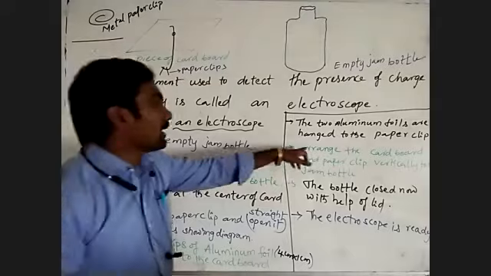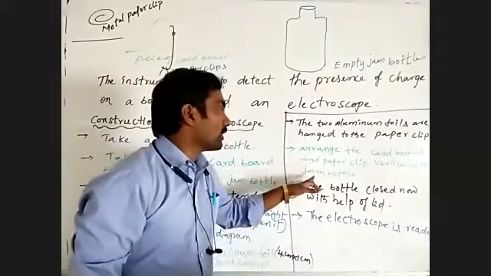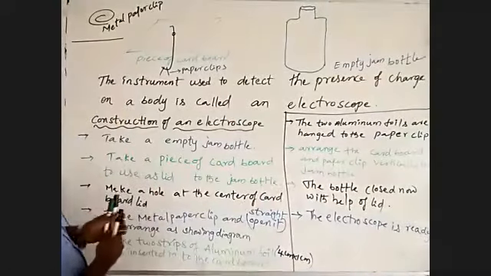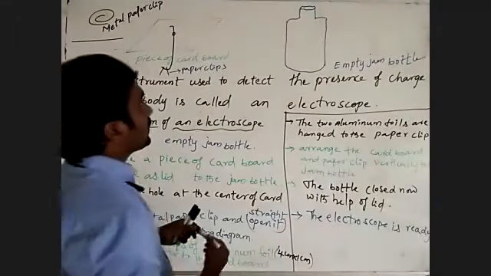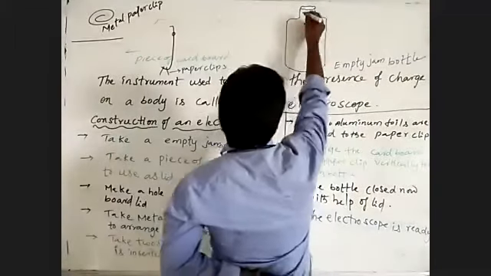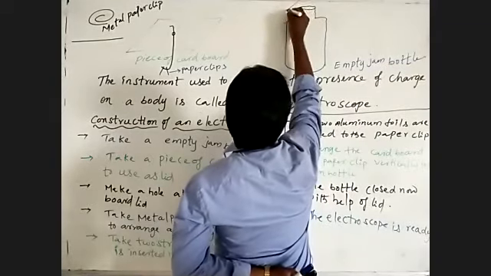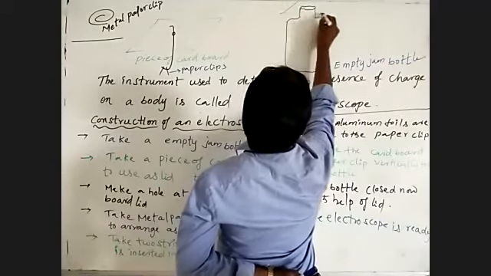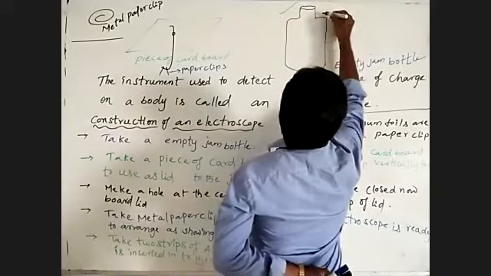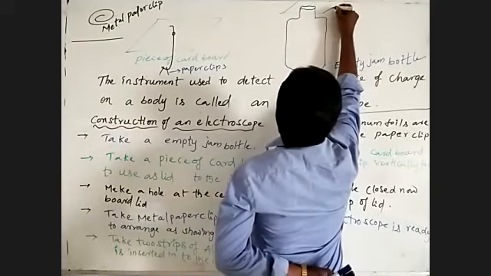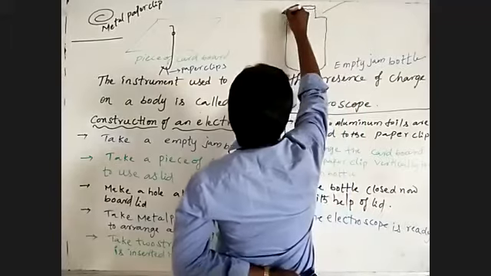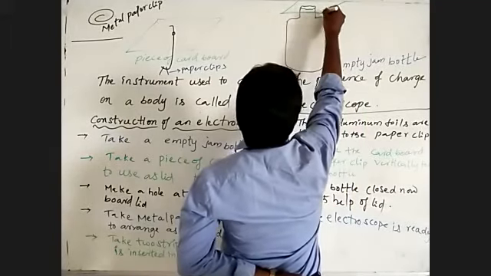And next, arrange the cardboard and paper clip vertical to the jam bottle. We are arranging the cardboard as a lid to the jam bottle.